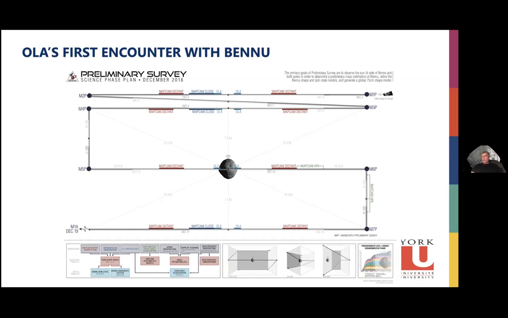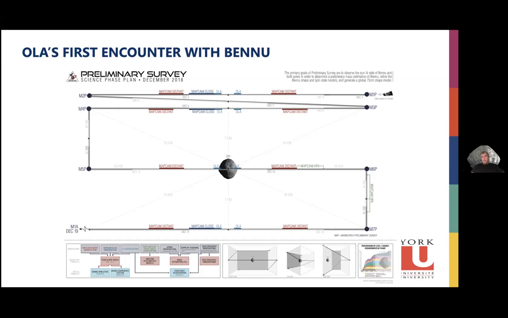Really our job here was to help navigation and to collect enough data so that we could put some scale to another method of getting a shape of Bennu, which was a camera-based one. But a lot of that shape is inferred, so having real measurements of the shape and the size from OLA was a very important part of this phase.